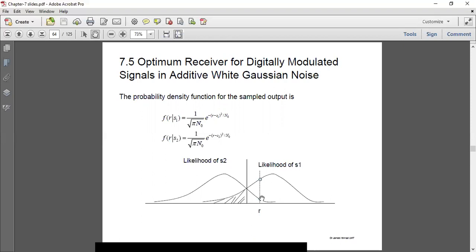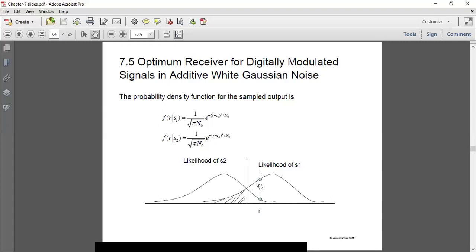If a received signal is in this region after this vertical line, then we have a correct detection that s1 was transmitted. Similarly, this is the region for s2. If our observation vector is s2, then it will fall under this likelihood function, so we will have a correct observation.